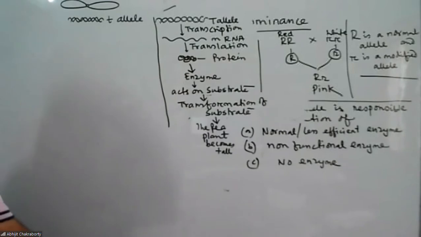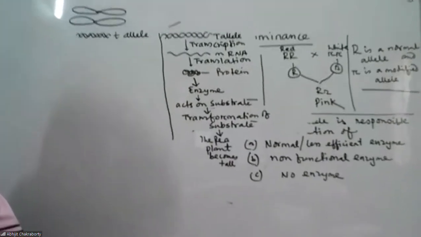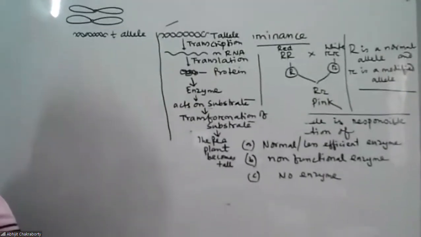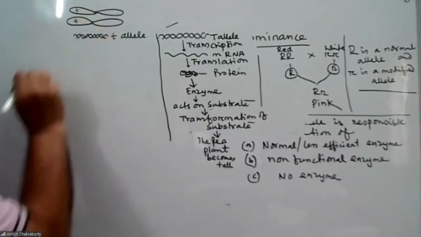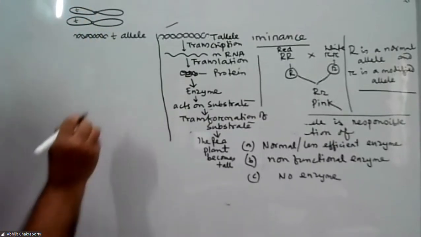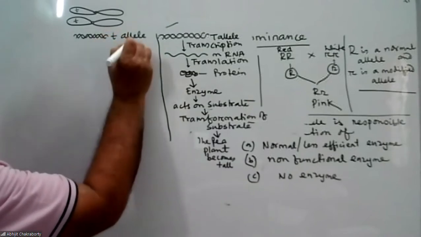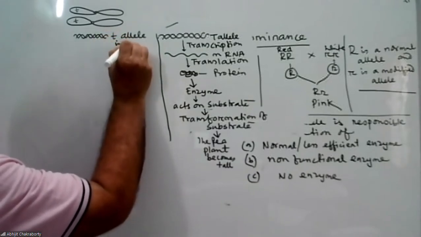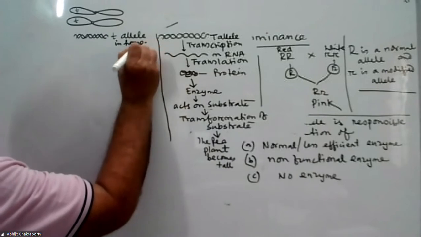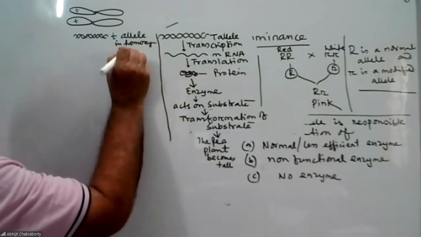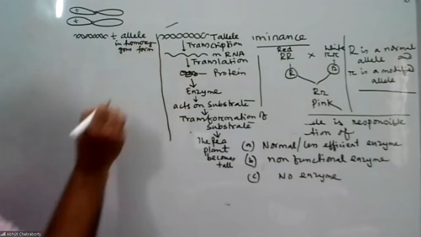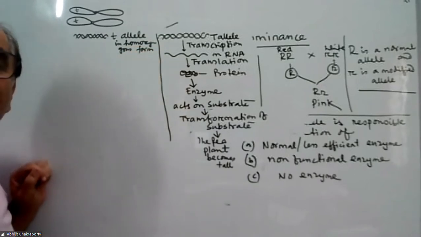Small t allele in homozygous form. In homozygous form. Small t allele in homozygous form.